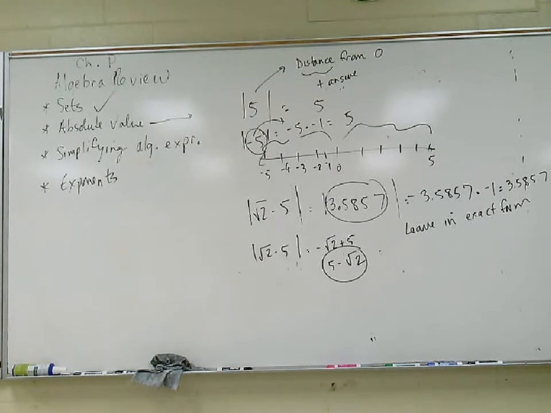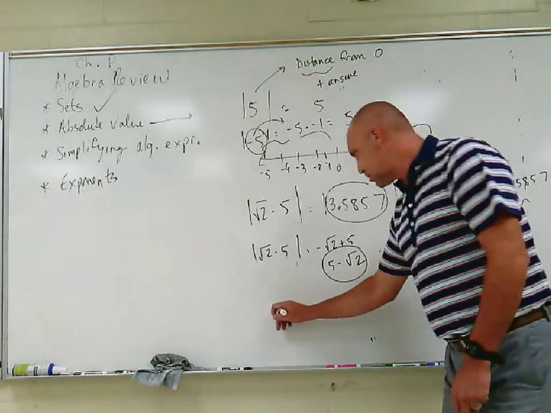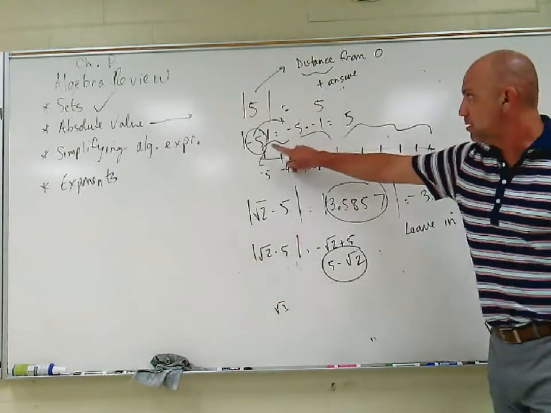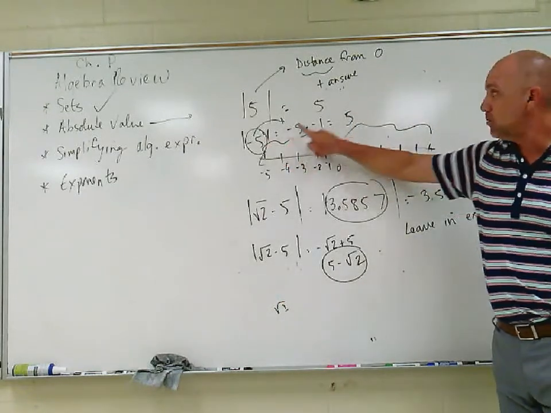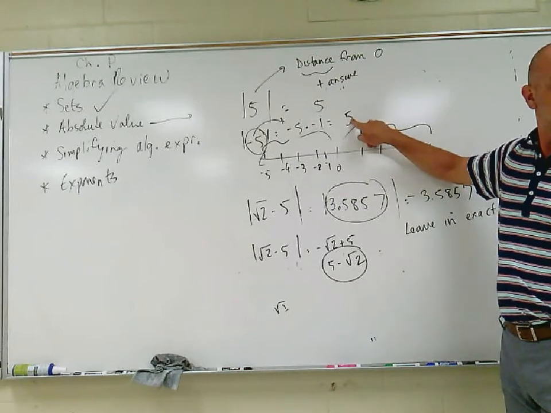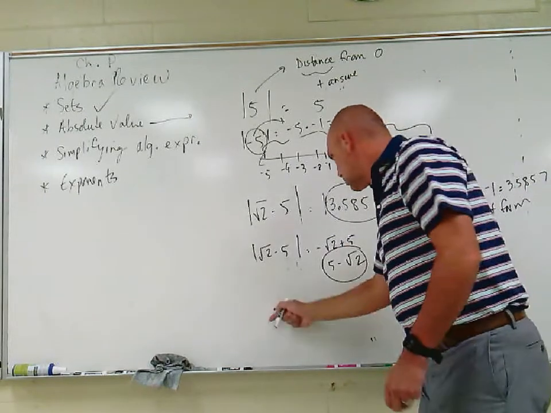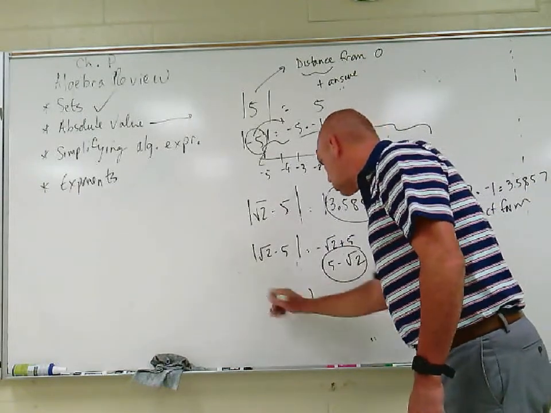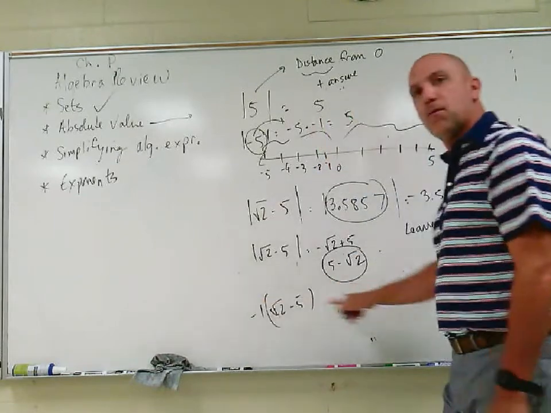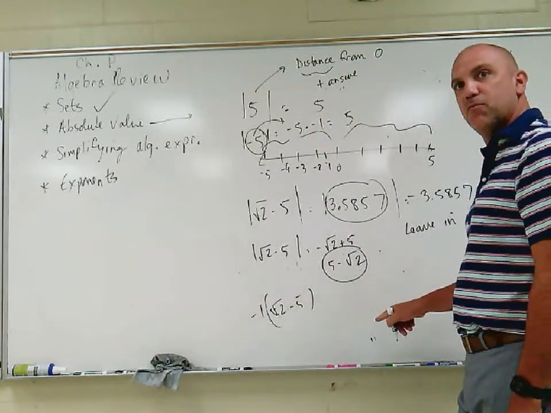Everybody see how I got 5 minus square root of 2? What did I multiply square root of 2 minus 5 by? Look, here. So let's go back to it. Negative 5. We said what? Multiply by negative 1. What do you get? 5. Square root of 2 minus 5. Multiply by negative 1. Well, when you multiply by negative 1, you got to distribute the negative 1 to both.